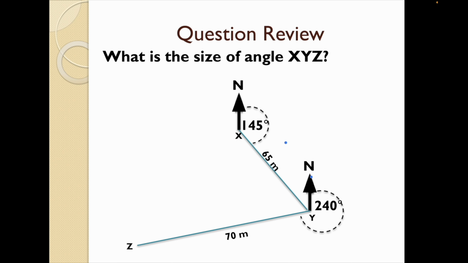Okay, so back to this again. We're going over it again, reviewing it. So the first thing we want to do here, we know that here is 145. Now, I have two angles I could help figure out. I need to know what this one is, but before I figure out this one, I could figure out this little piece here. So I know that 145 here and this one here should both add up to what?